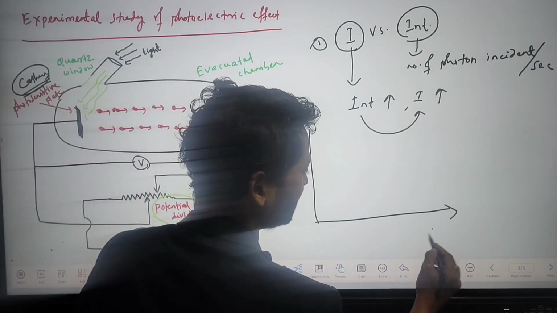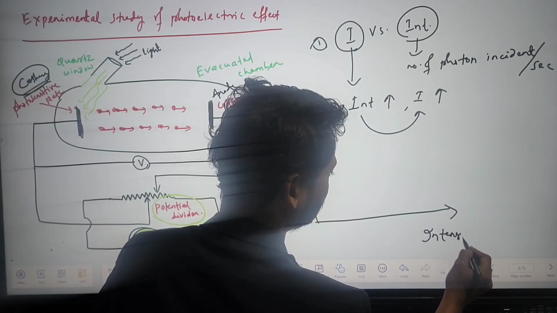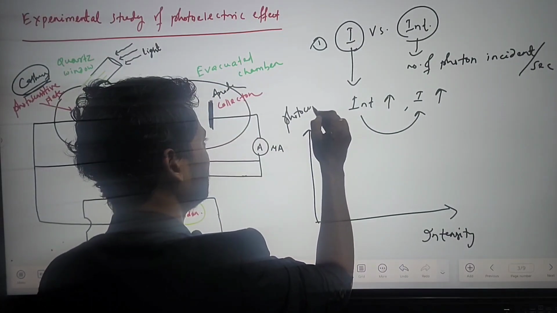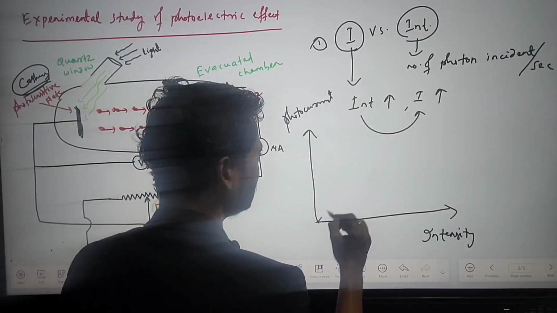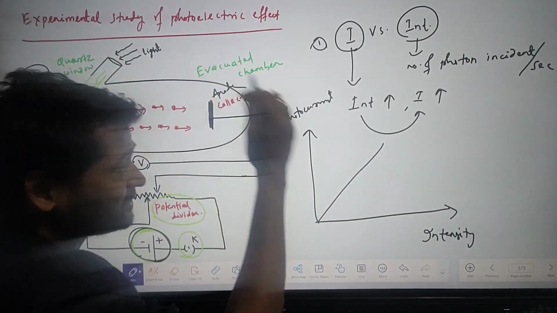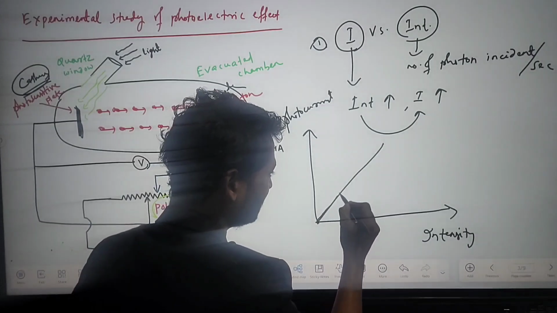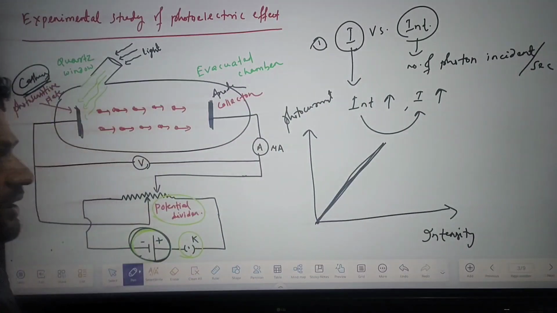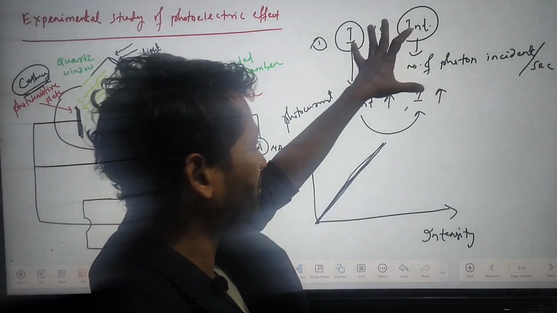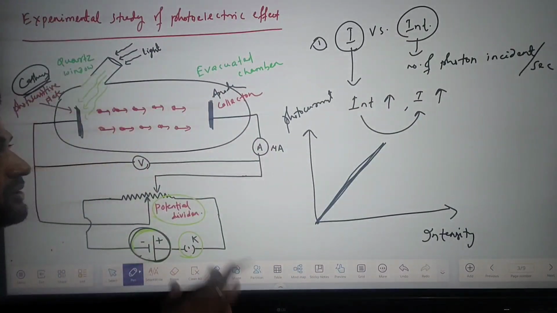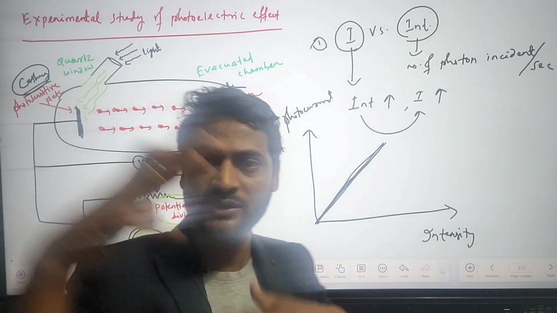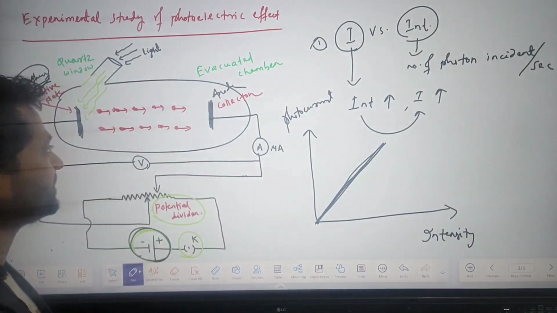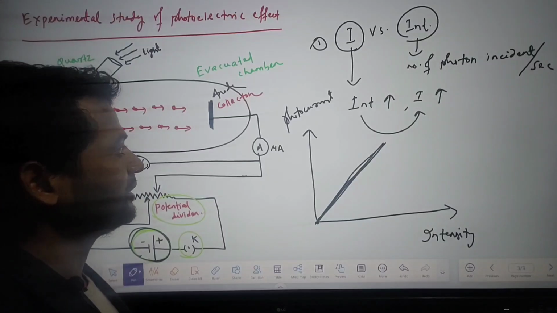If I plot a graph, with intensity on the x-axis and photocurrent on the y-axis, the graph will be a straight line. Then saturation occurs, but here the photocurrent is directly proportional to intensity. Again I repeat, because the more the intensity of light, the more the interaction between electron and photon, and the more the chances of flow of electrons with respect to time, which is called photocurrent. Clear?